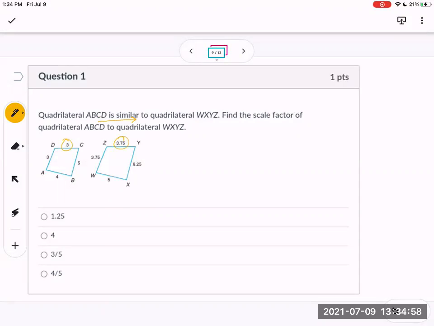So basically what you're doing is you're saying 3 times what equals 3.75. So x equals 3.75 over 3. And that's here. Let me put that in. So this would be like your image, right? And this is your pre-image. So that's 1.25.